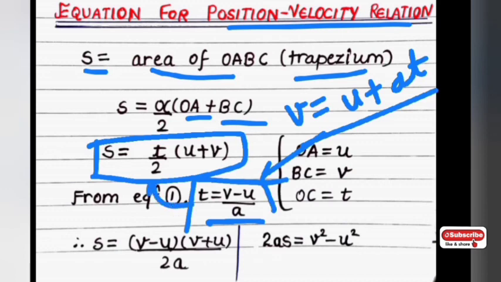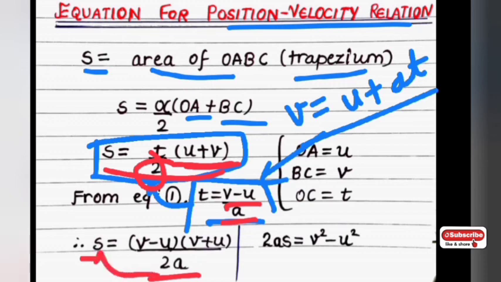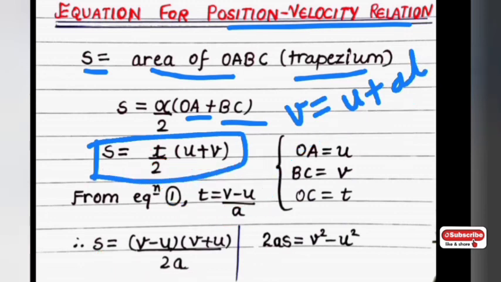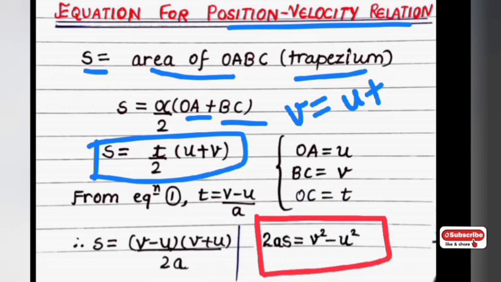When you substitute it, what you will get is S equals (V minus U) into (V plus U), divided by 2, and from A we will get 2A in the denominator. Finally, when this 2A is multiplied to S, you will get 2AS equals V square minus U square, which is the third equation that you are going to derive.